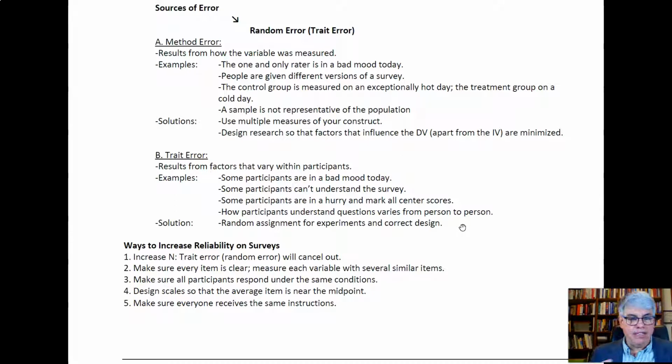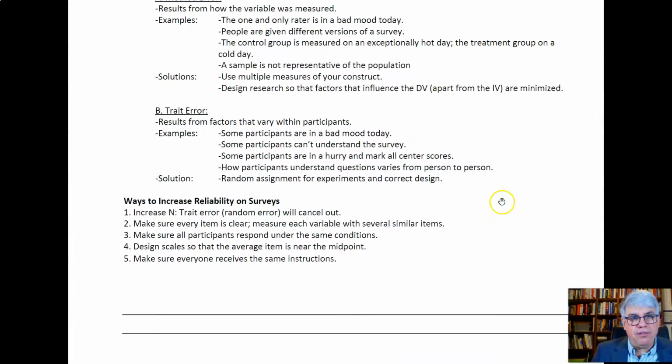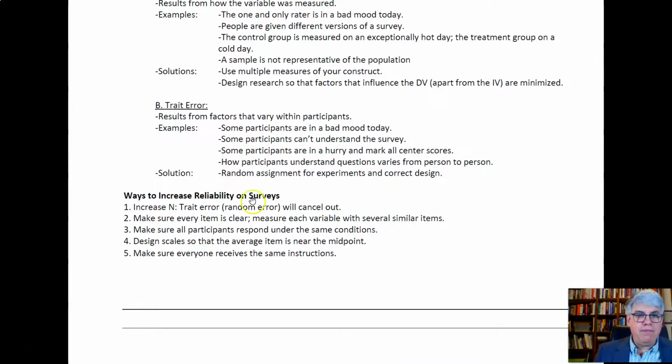Also, the correct design and making sure that you're using measures that are known to be reliable, that really do measure what you want to measure, and then increasing the sample size. And the people in the bad mood will cancel out people in a good mood, and a lot of things will just cancel out. So when we talk specifically about surveys, what can we do to increase reliability?